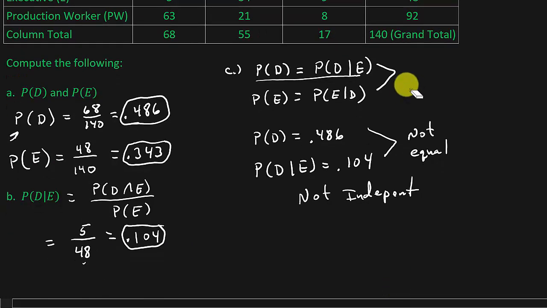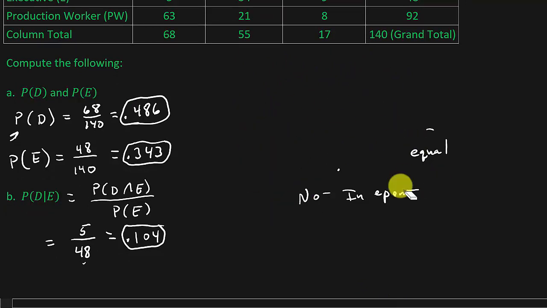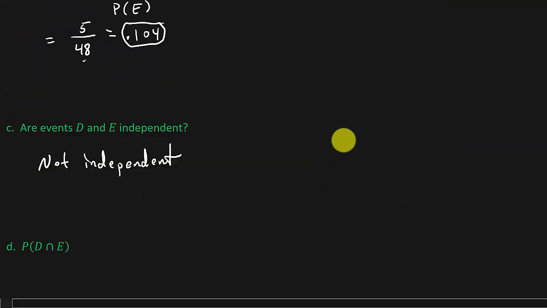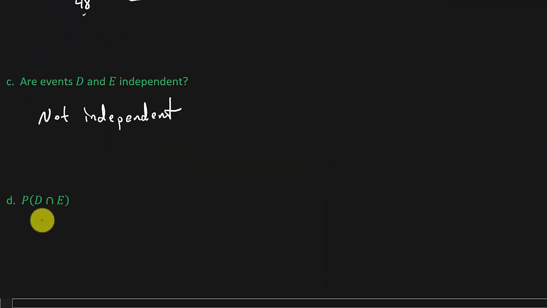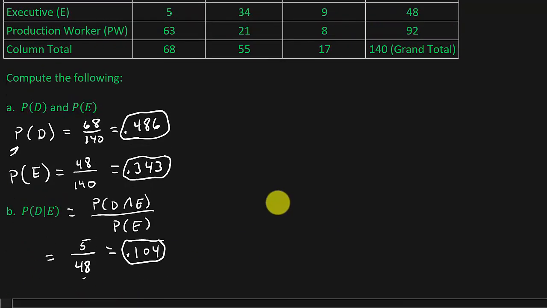Now, we got one more, part D. I'm going to erase this. We're going to come up here and work it so we can see the table. Probability of D and E. Well, I think we already did that, didn't we?